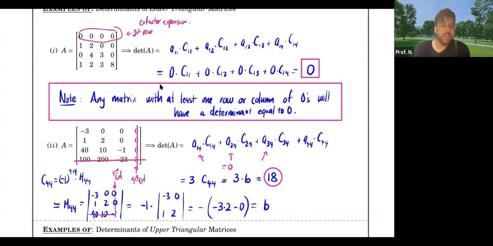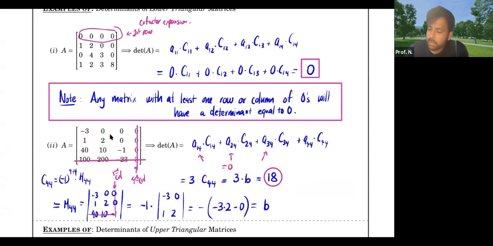And what's the big idea behind this? If you have a triangular matrix and you want to find the determinant, if you notice, I'm using -1 here, right? This is one of the diagonal entries. I started with 3 being the diagonal entry. There's a -1 here, diagonal entry. Then I'm multiplying -3 and 2 diagonal entries.